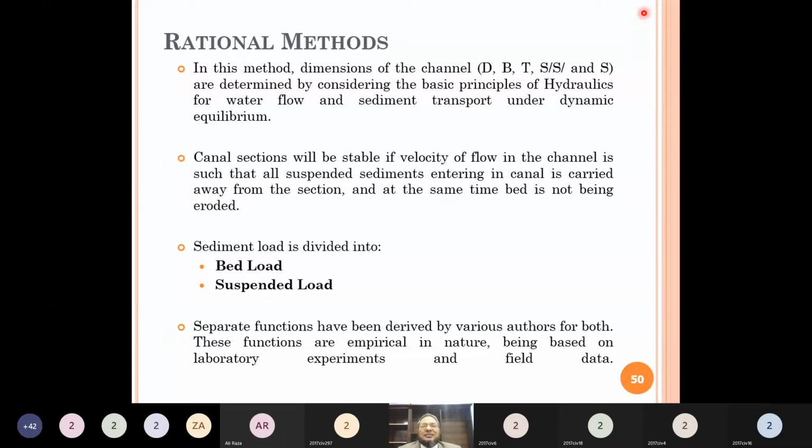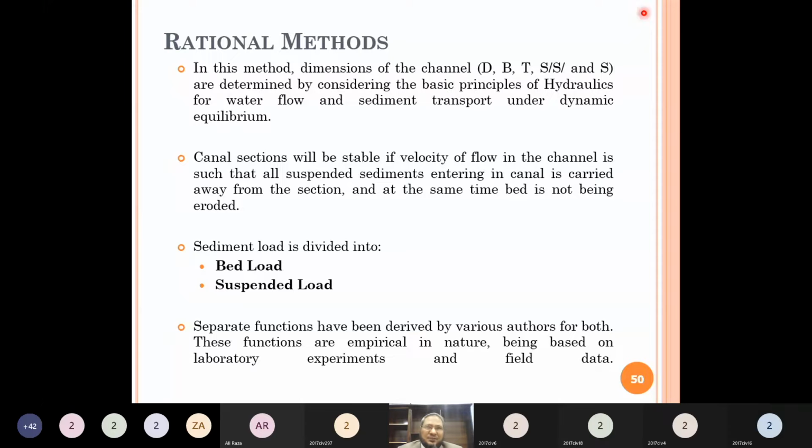In case of lined channels, we can directly use Manning's equation or Chezy's equation, because we know very well the Manning's coefficient of roughness, and there is no scouring issue in case of lined channels. So we can design a lined channel by using the equation of discharge, area into velocity, where velocity we can compute either by Manning's equation or by Chezy's equation.